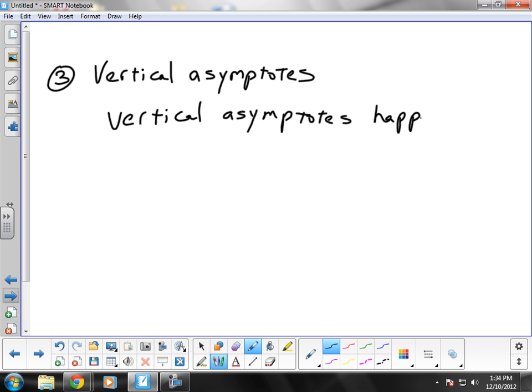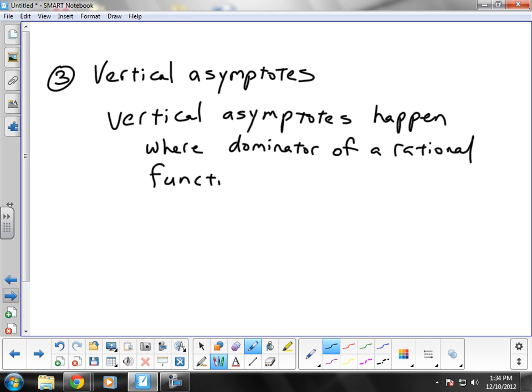Vertical asymptotes happen where the denominator of a rational function is 0. Okay, so that's that very first objective when we talked about finding our domain. Our domain is everything except these things that give me vertical asymptotes.